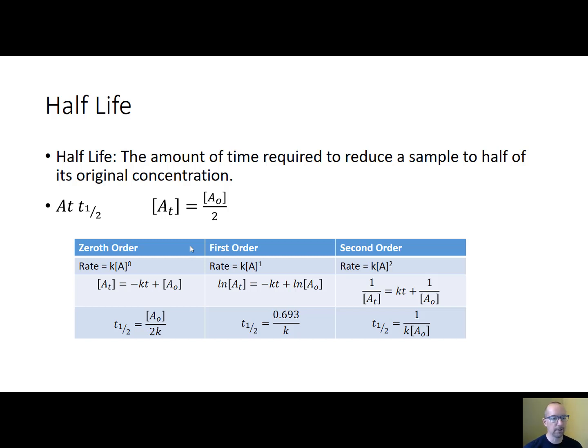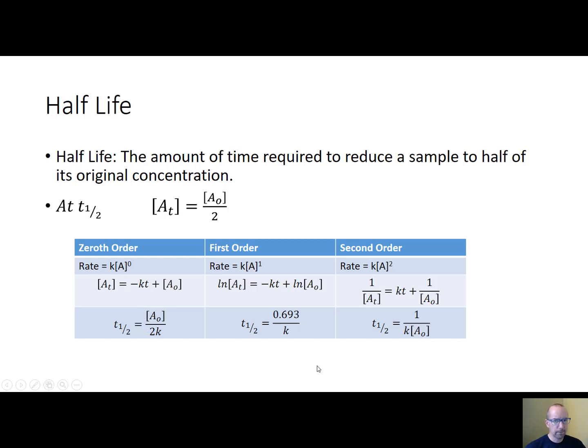At the half-life, or t sub 1/2, the concentration at that time t is going to be equal to our original concentration divided by 2. That's it. By plugging this quantity, A0 over 2, into these expressions individually, we can get different expressions for half-life.